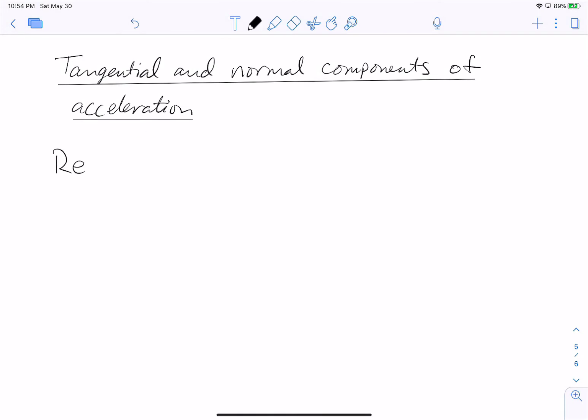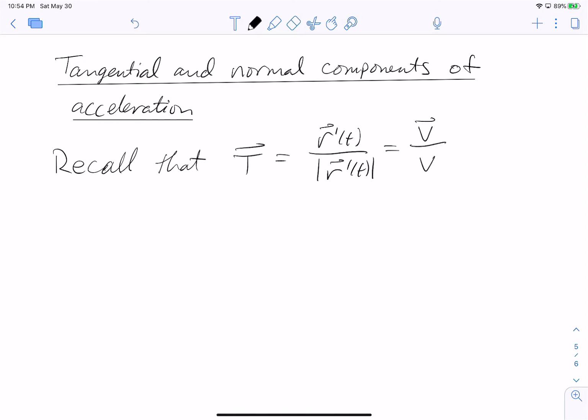To come up with what they are, recall that the unit tangent vector T is equal to r prime of t divided by the magnitude of r prime of t. Using the notation we've used in this section, that means v divided by the magnitude of v.